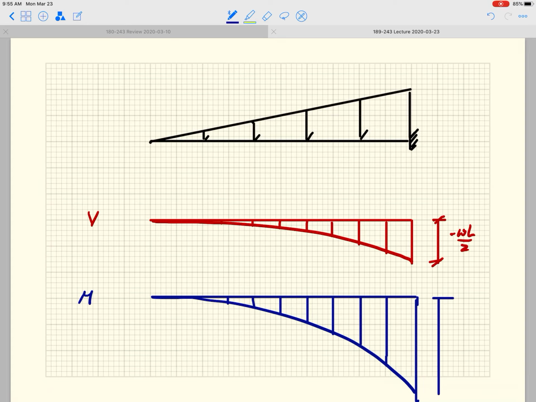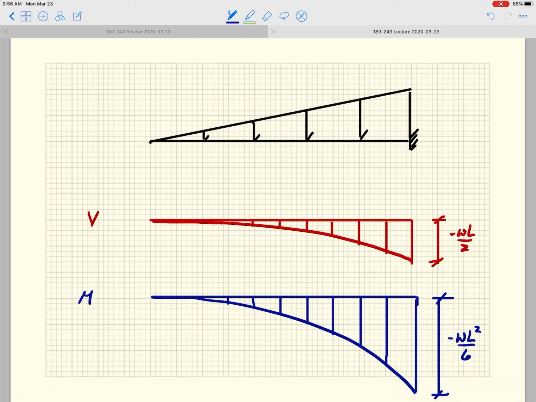But this is a cubic, right? This is not a parabola. The moment is always 1 order more than the shear, because the shear is the slope of the moment diagram. Right? So if we look at the amplitude here, it turns out to be minus WL squared over 6, like that.